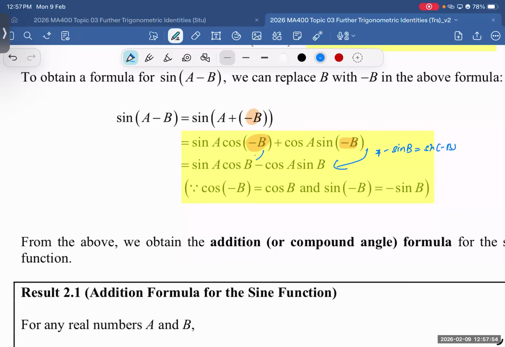And we also know that cosine negative B is cosine B. Is that okay?